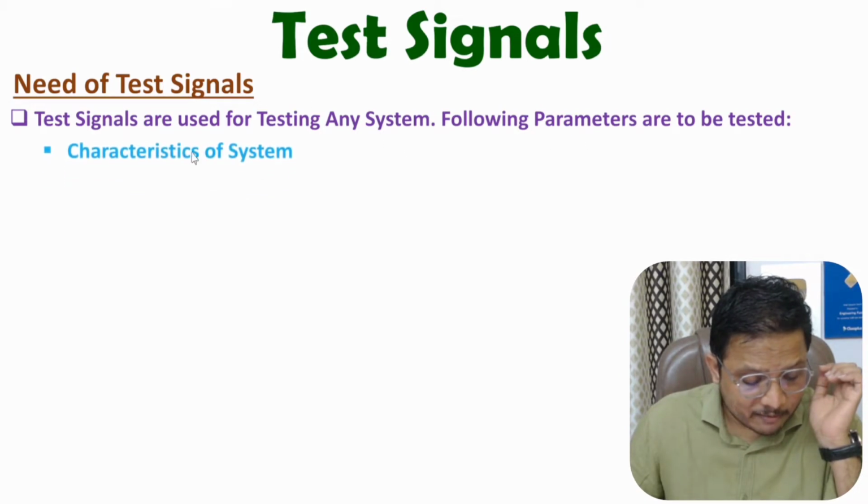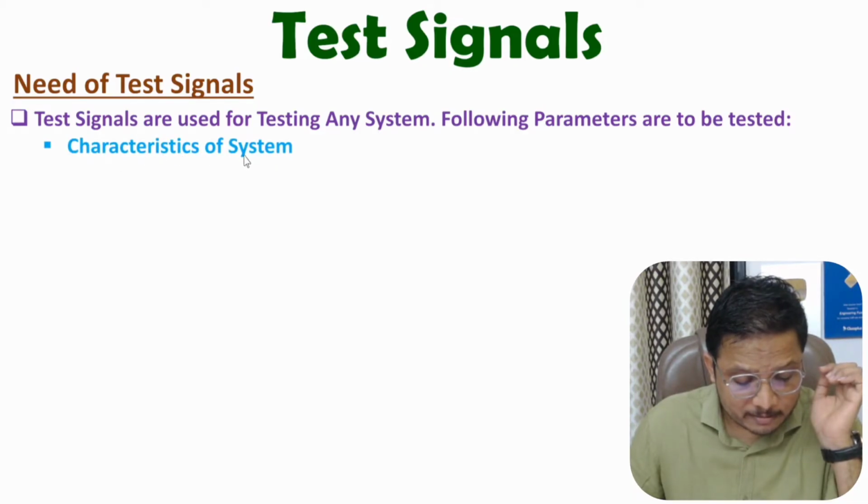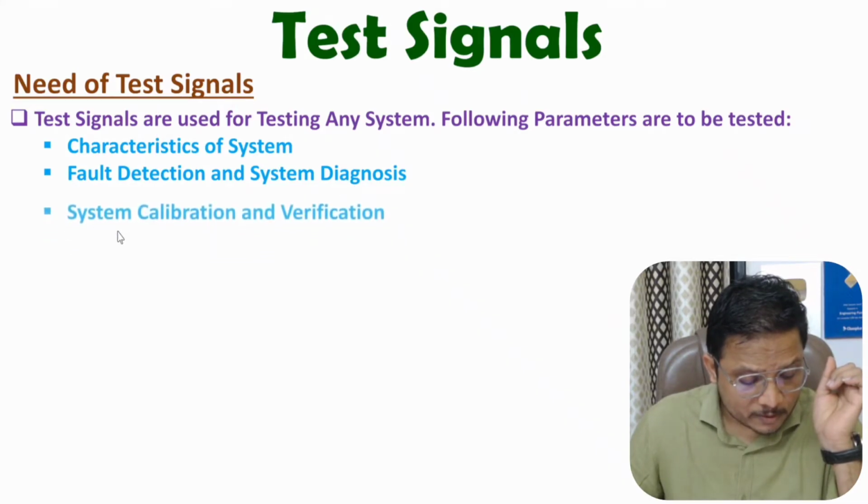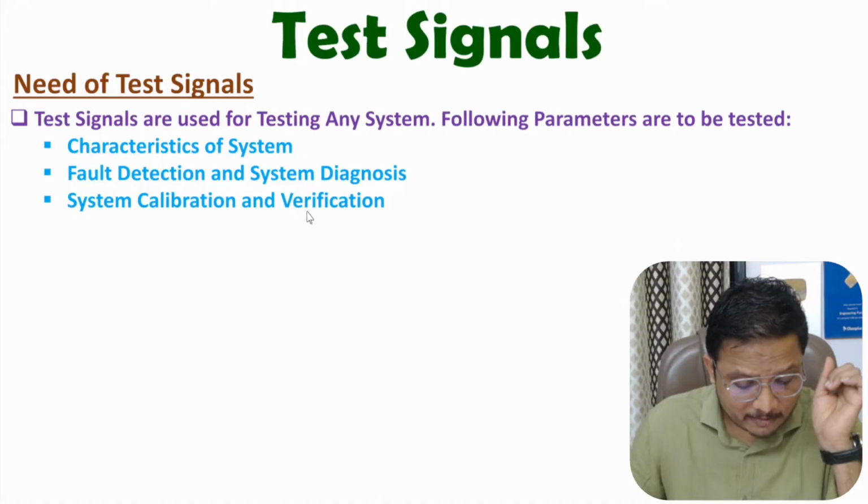Like we can identify characteristics of the system using test signals. We can do fault detection and system diagnosis using test signals. We can do system calibration and system verification using test signals.